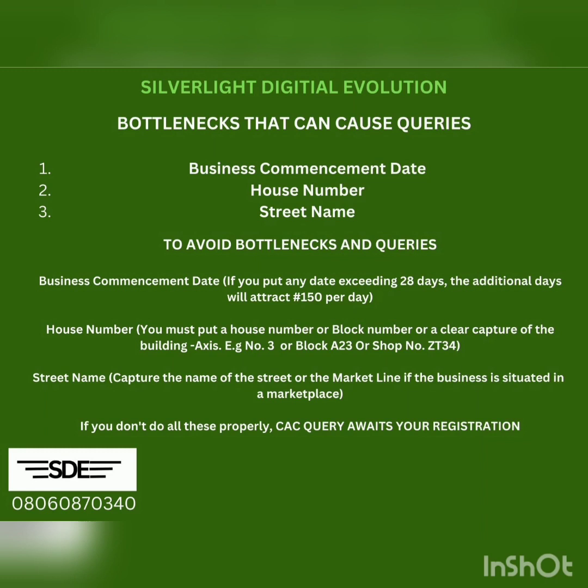Shop number 2Z7, God is Good Line, Main Market. So you have to describe it for CAC to understand it, because they need a traceable address before they can approve your registration. If you don't do all this properly, CAC is going to query your job. So let's go to the next thing.